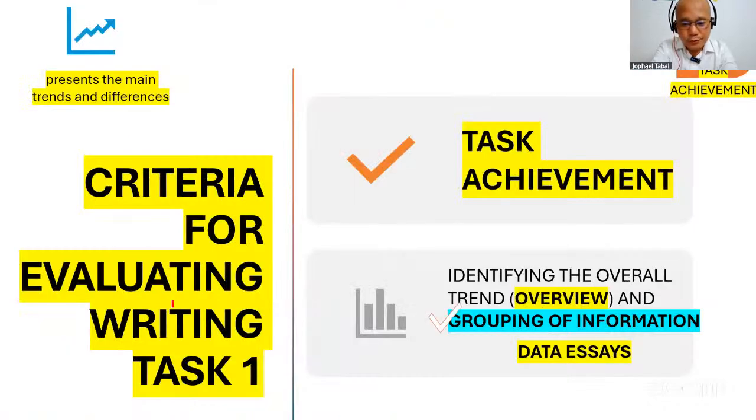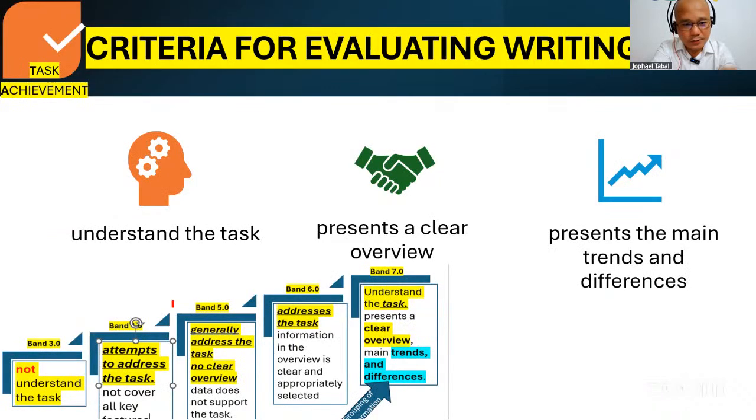Now we move on to presenting the main trends and differences. Again, this is the last one in understanding the task for getting a band 7.0 for IELTS writing task 1. We have covered the first criteria, which is understanding the task.